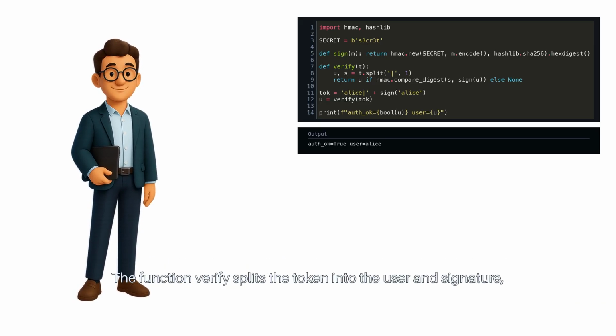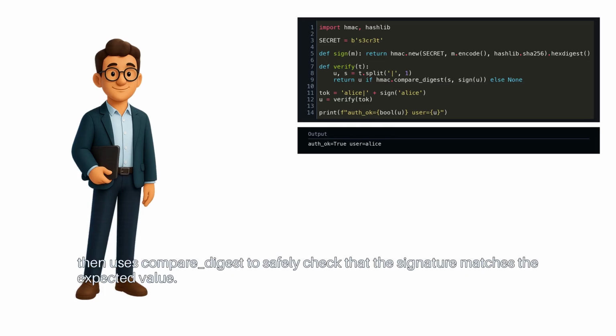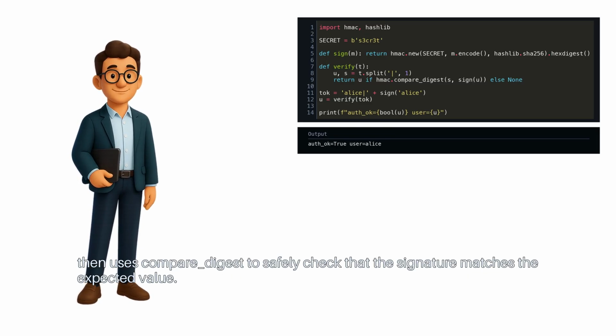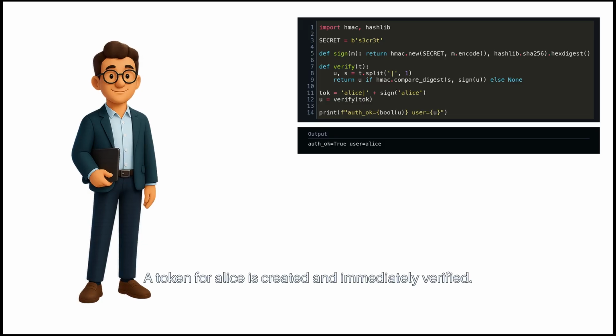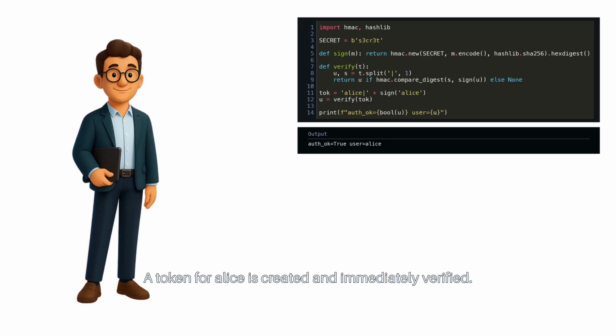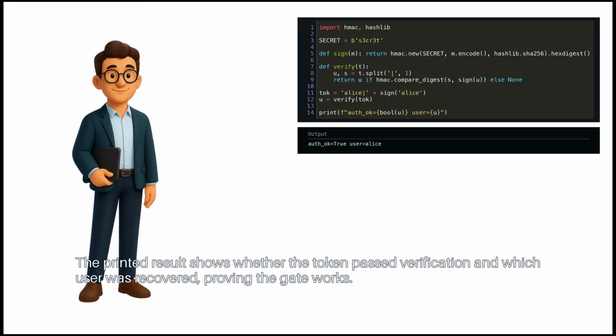The function verify splits the token into the user and signature, then uses compare_digest to safely check that the signature matches the expected value. A token for Alice is created and immediately verified. The printed result shows whether the token passed verification and which user was recovered, proving the gate works.